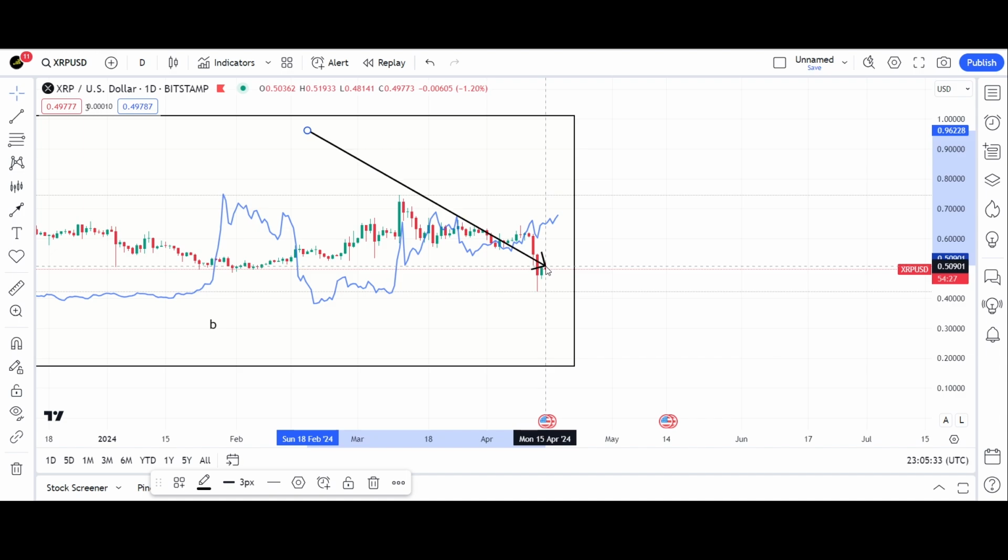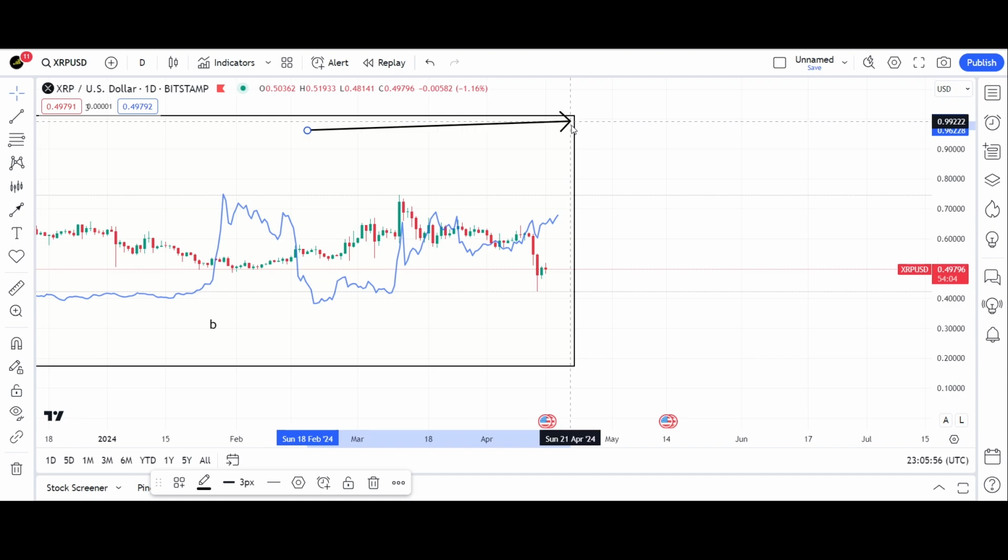In other words, the sequence of events that take place on this fractal will take place on this fractal. How extreme it is is yet to be seen. The angle which it goes is yet to be seen, but what you could probably count on is something similar to this taking place. Now, what happens at the end of this? Bam! It's the bull run, people.